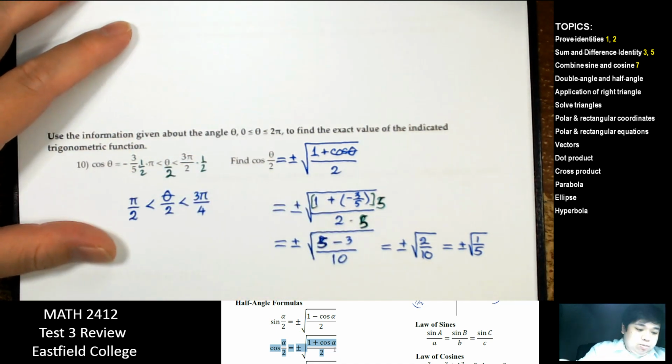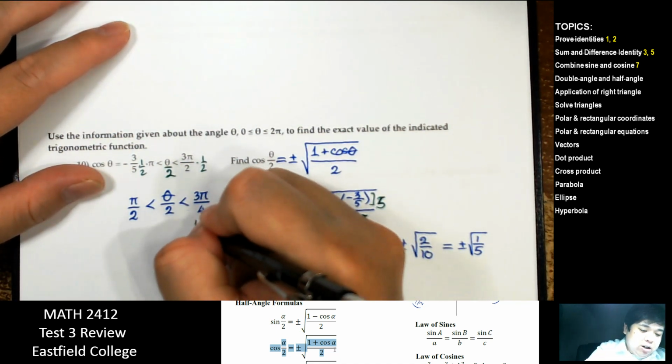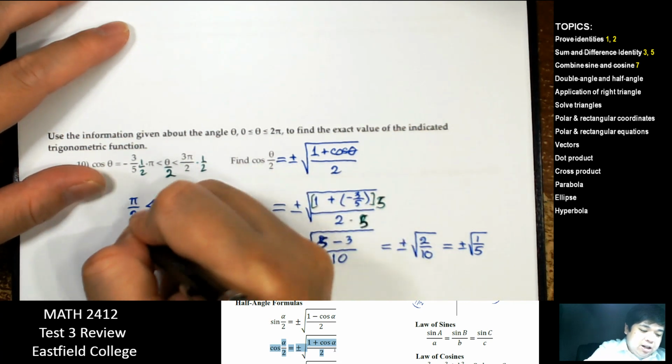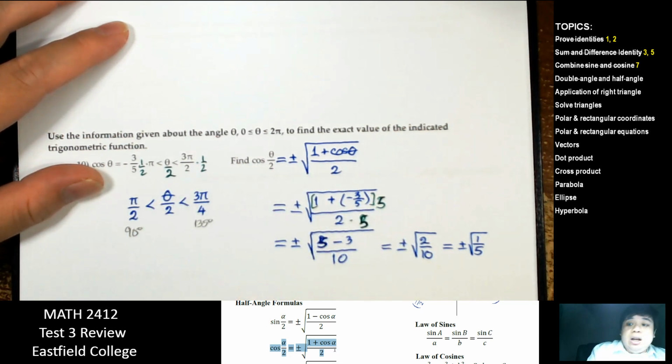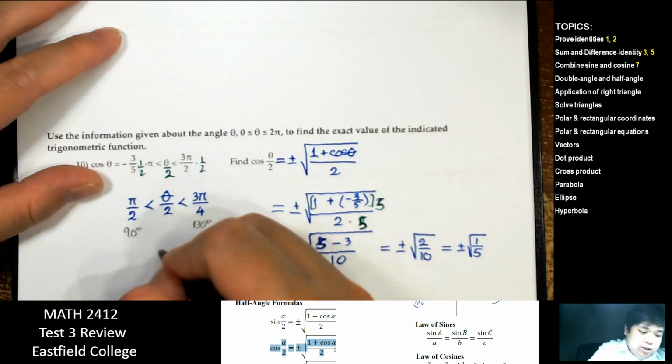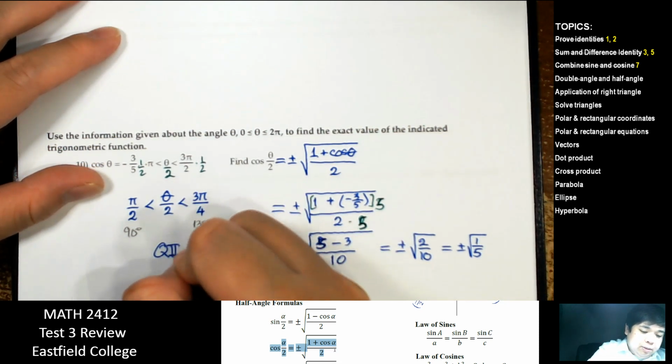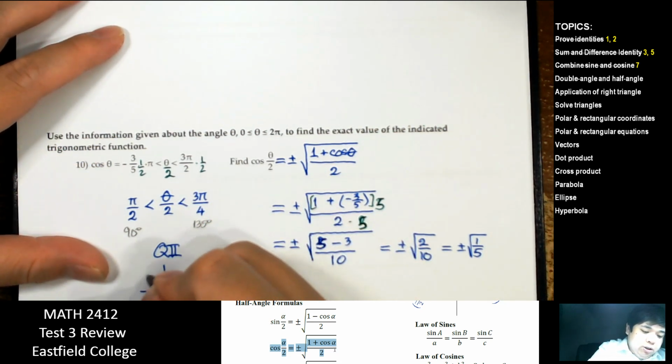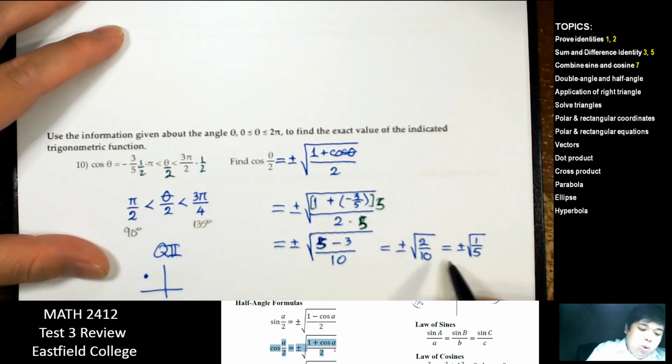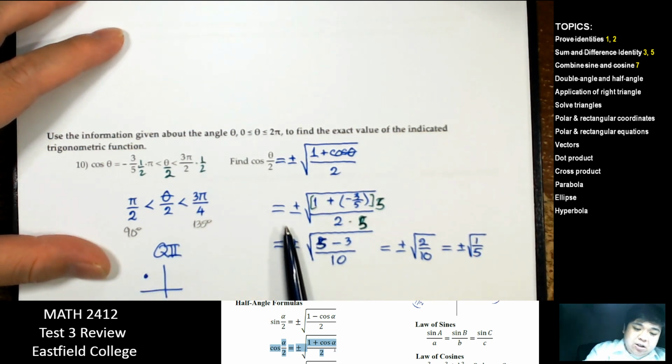We can see that this is 135 and that is 90 degrees. So clearly it is in quadrant 2. In quadrant 2, cosine is negative. So the answer will be negative.